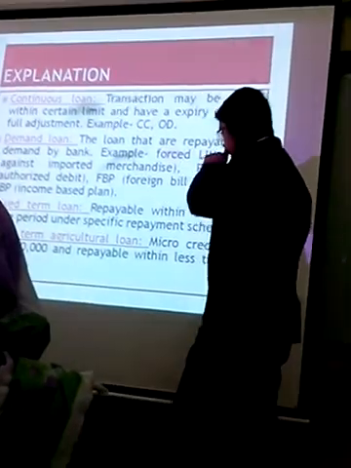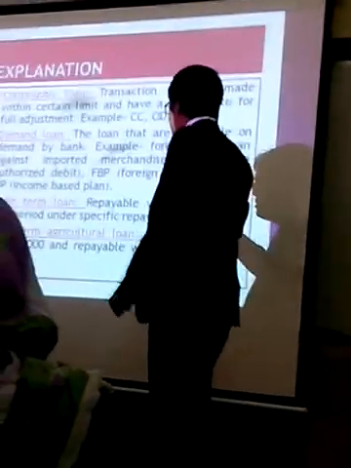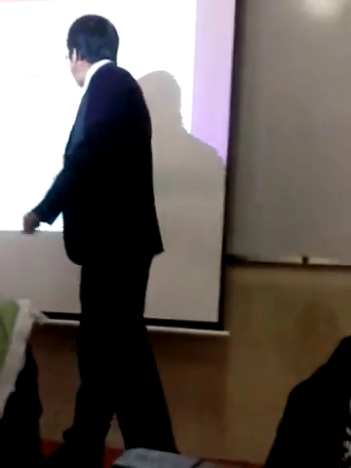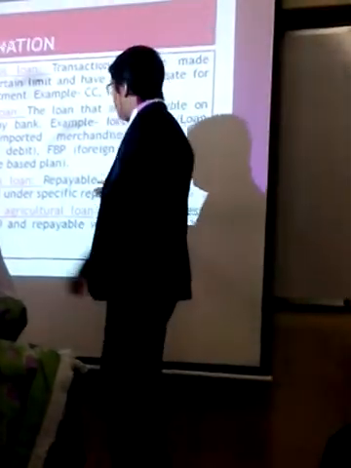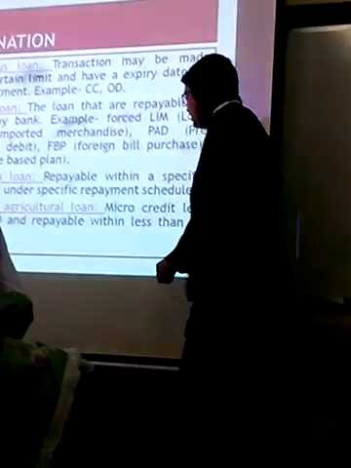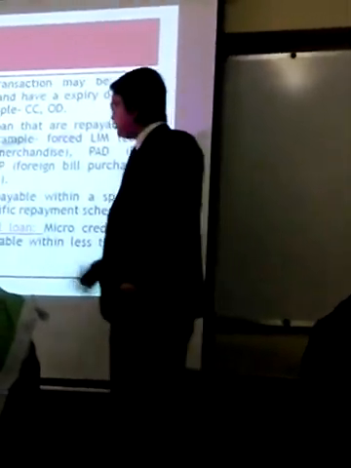Fixed term loan, I think you know it better: repayable within a specific time period under a specific repayment schedule, the installment schedule as given here. Short-term agricultural loan, microcredit, less than 10,000, repayable within less than 12 months. So 10,000 and 12 months.